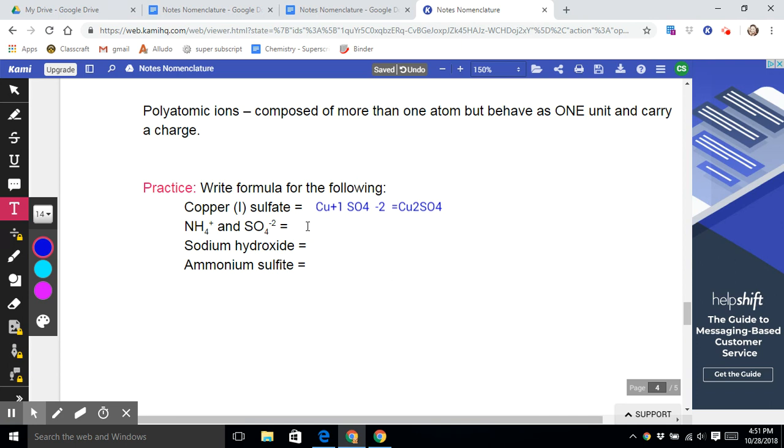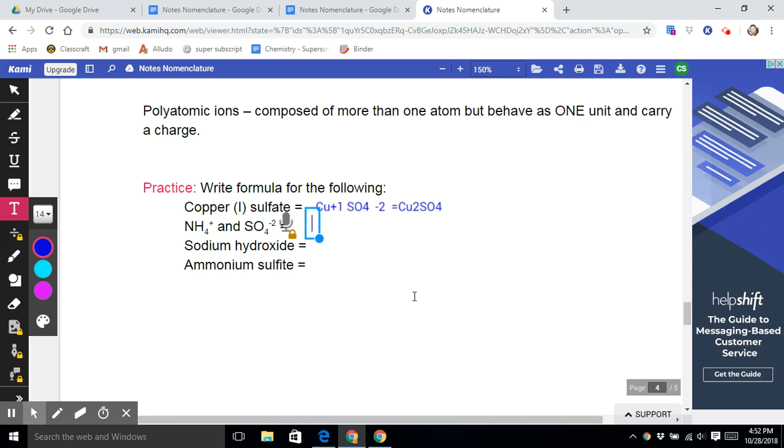Let's try the next one. NH4 positive, SO4 negative 2. We have the charges here already, so all we have to do is put them together and switch over the charges, the number only. NH4 is a positive 1, SO4 is negative 2. I'm going to take the 1 and the 2 and switch. That means I will need 2 NH4s.